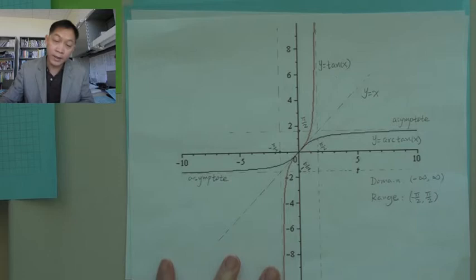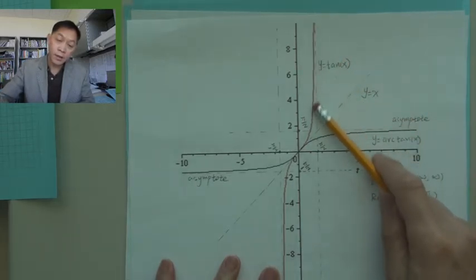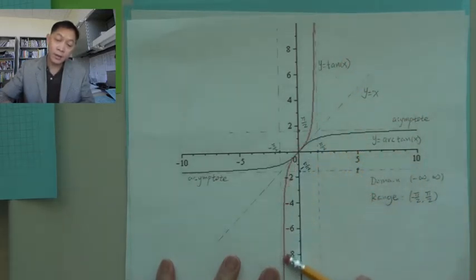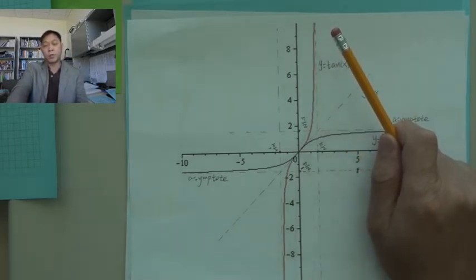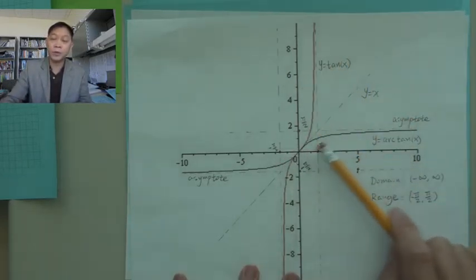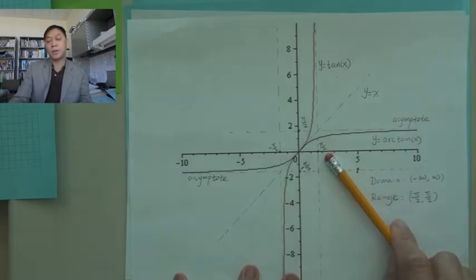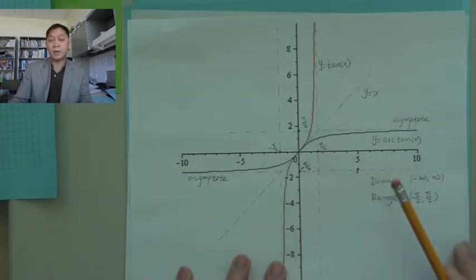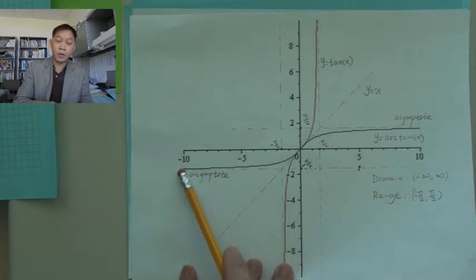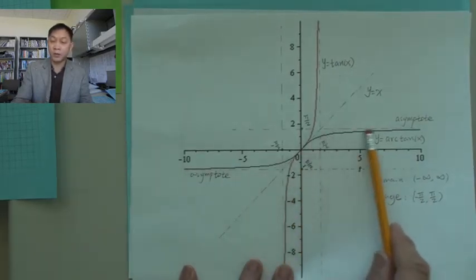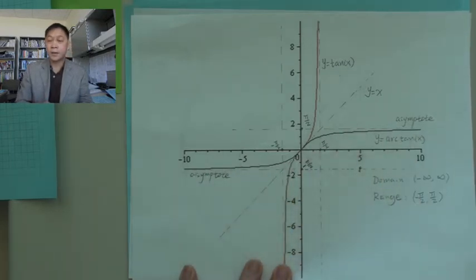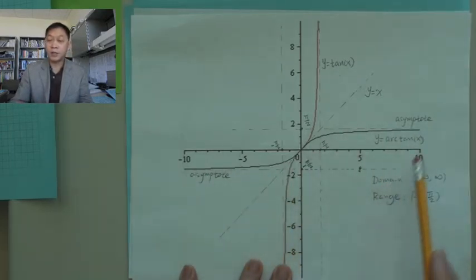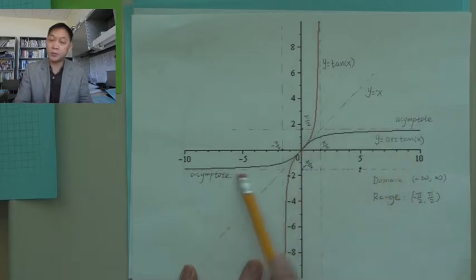Remember again here, like sine, arctan is an increasing function when we restricted our domain from negative pi over 2 to the positive pi over 2. And the thing is that for arctan it has asymptotes.